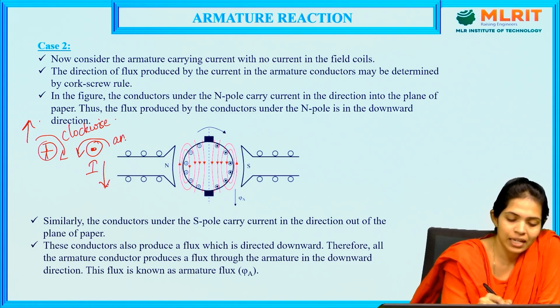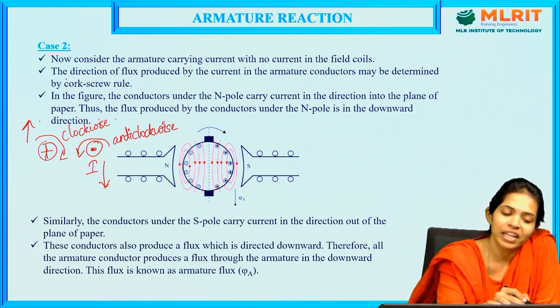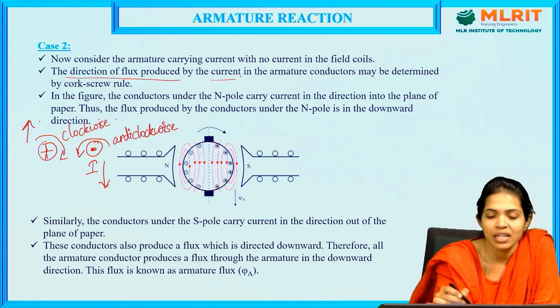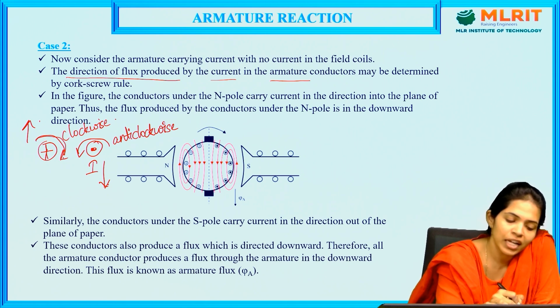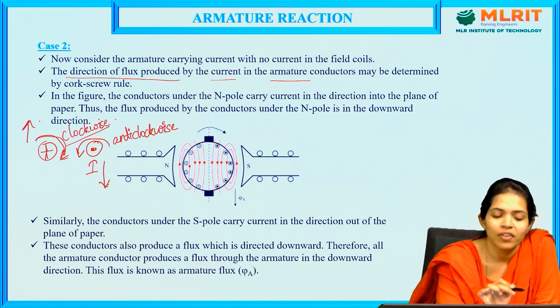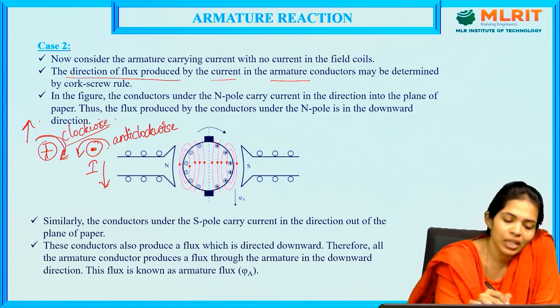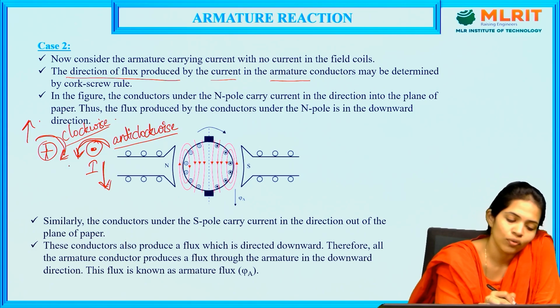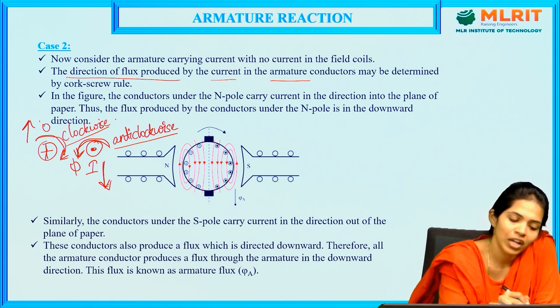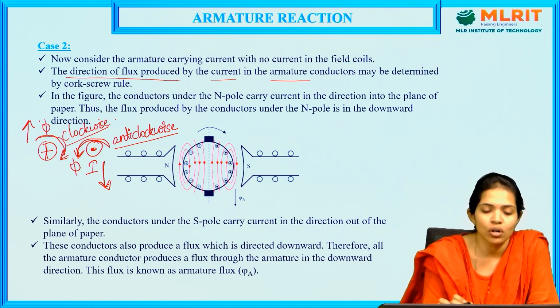So the corkscrew rule is basically used to denote the direction of magnetic flux produced by the current in the armature. When the current is flowing inside the coil, the direction of magnetic flux can be taken as clockwise. When the current is flowing outside the coil, the direction of magnetic flux is taken as anti-clockwise. So this is the direction of flux, given by the corkscrew rule.